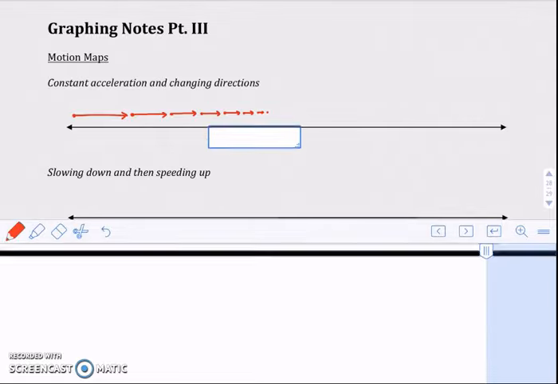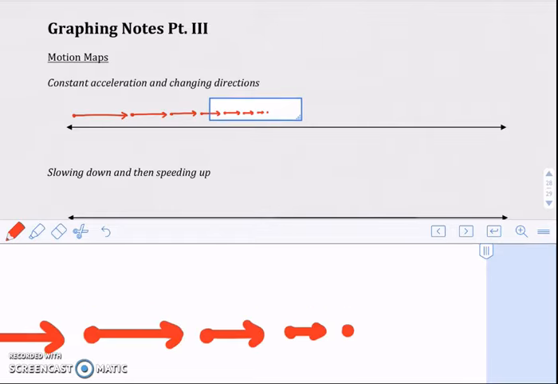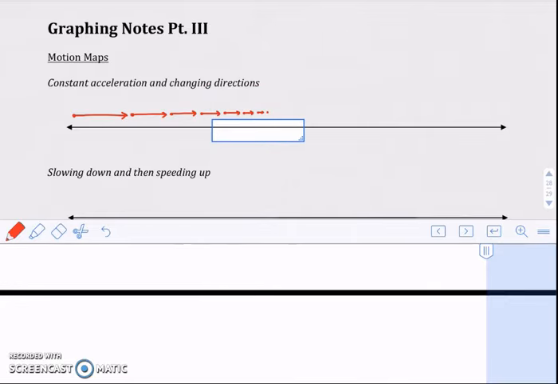And then we'll have it turn around. And you can stack these going up, you can stack these going down. I'm going to stack it going down. There's no significance on being above or below the line. So now it's going to go back in the other direction.